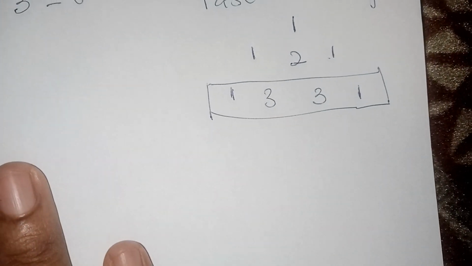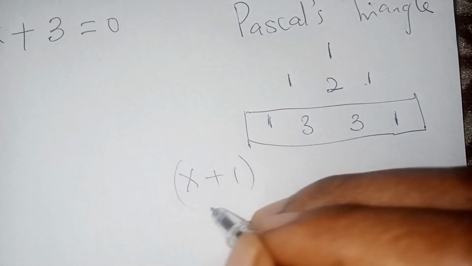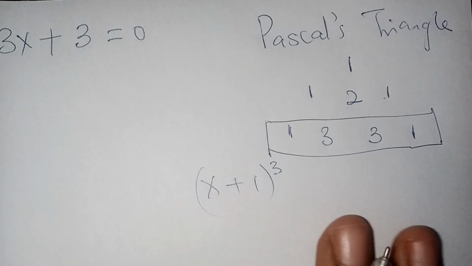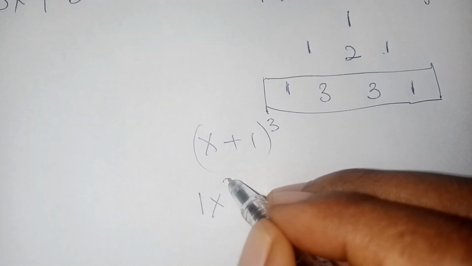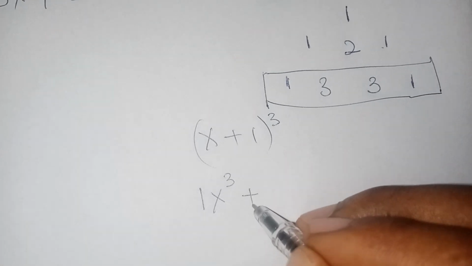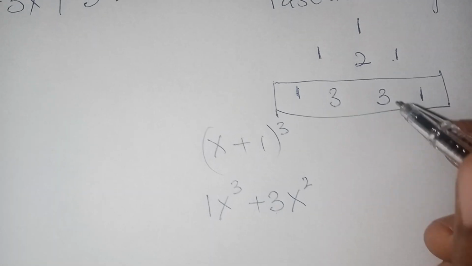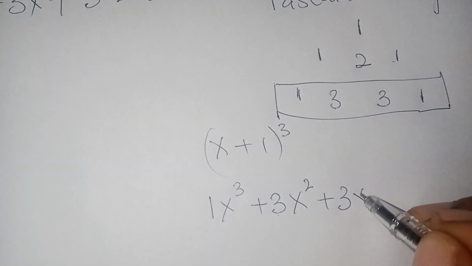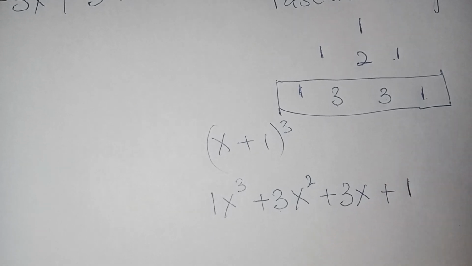All right, now in expanding x plus 1 to the third power, this is what we'll get. We'll have 1x to the power of 3 plus 3x to the power of 2 plus 3x to the power of 1 and then plus 1.